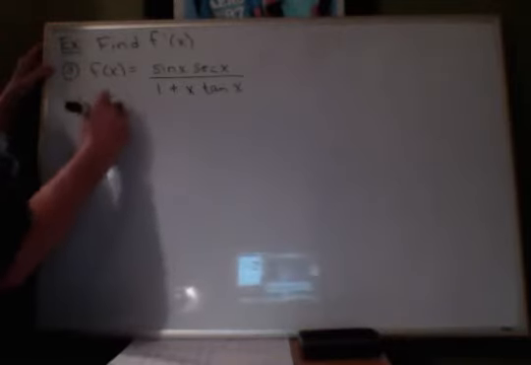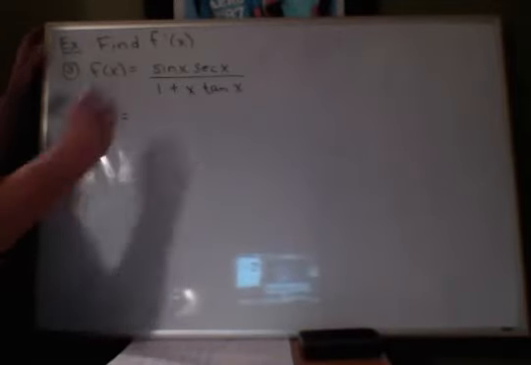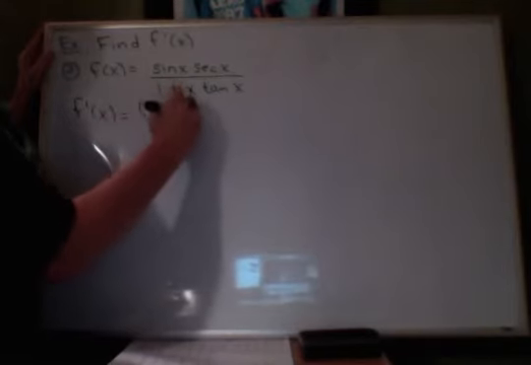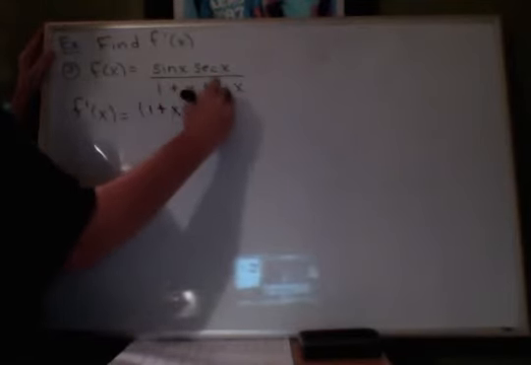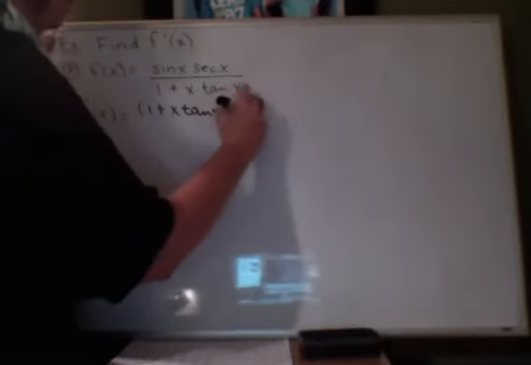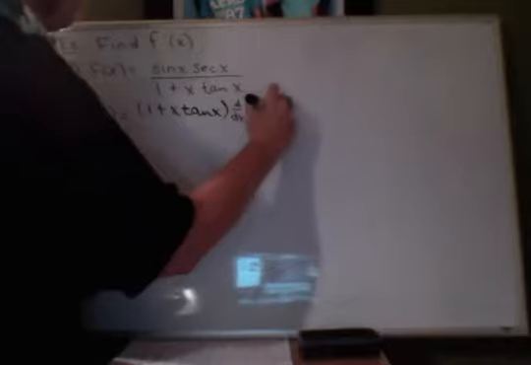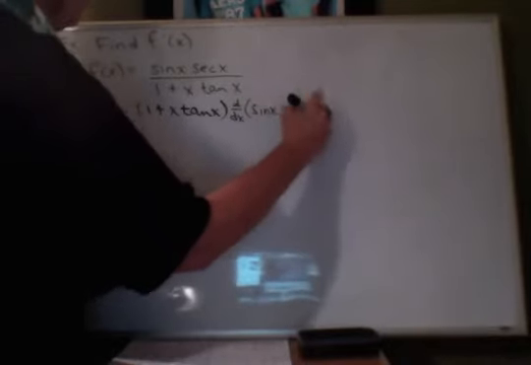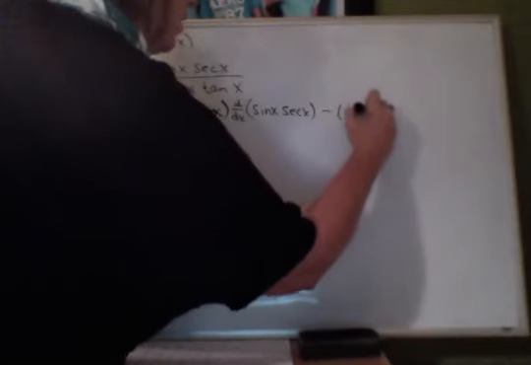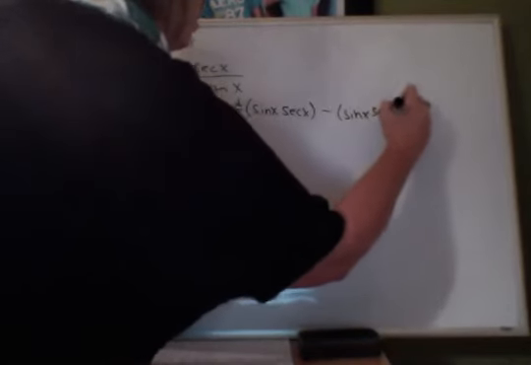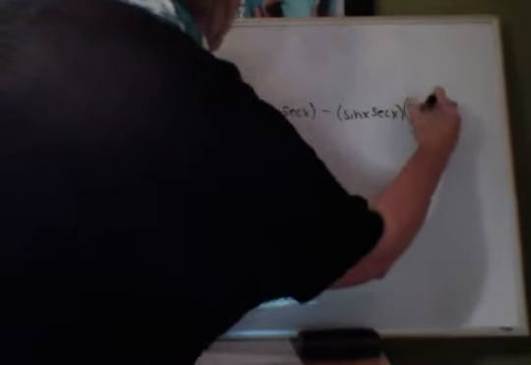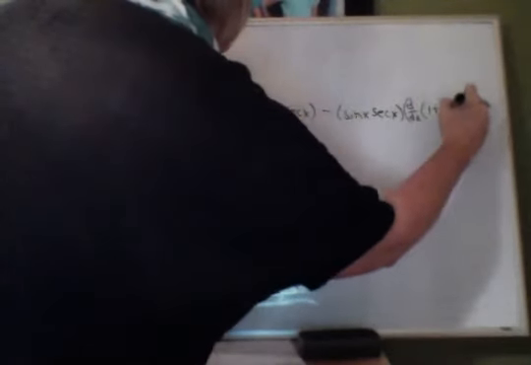F prime of x. So in the quotient rule, we know that it is the bottom, 1 plus x tangent x, times the derivative of the top, so d dx of sine x secant x, minus the top, sine x secant x, times the derivative of the bottom, 1 plus x tangent x.